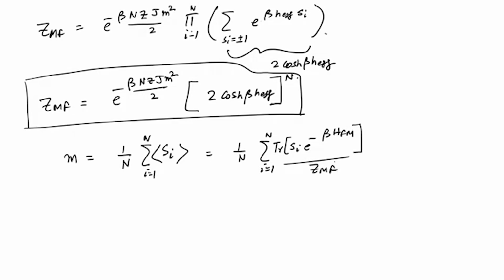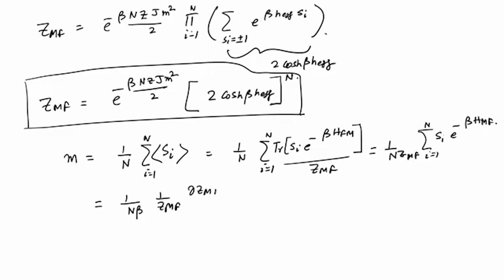That is what we have calculated, and this is again equal to 1 over n ZMF, and we have a sum i equal to 1 to n SI into e to the power minus beta HMF, and so this can be written as 1 by n beta 1 by ZMF del ZMF divided by del H effective, and we will show you how we can write this, that is coming from here to here.